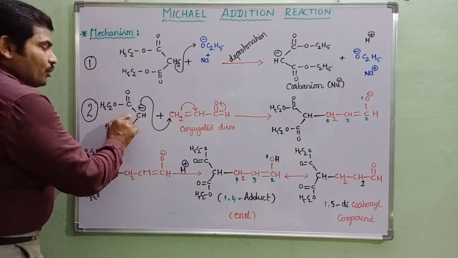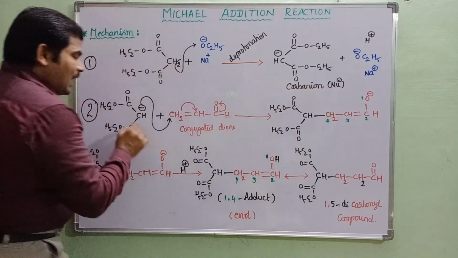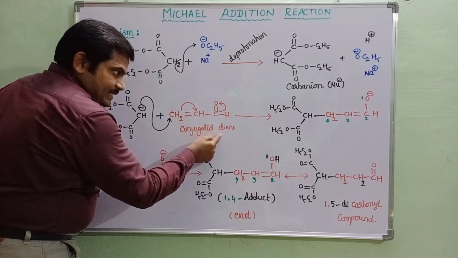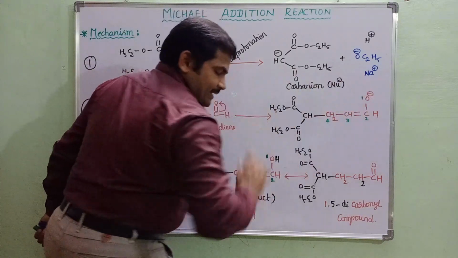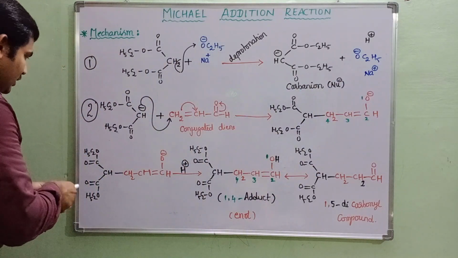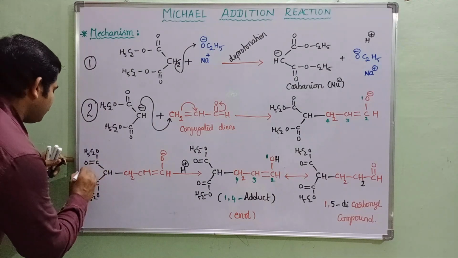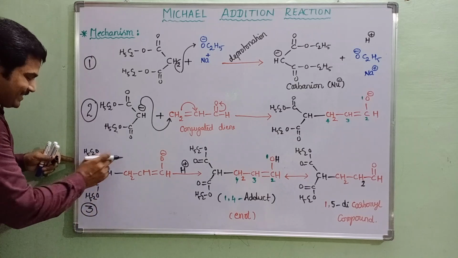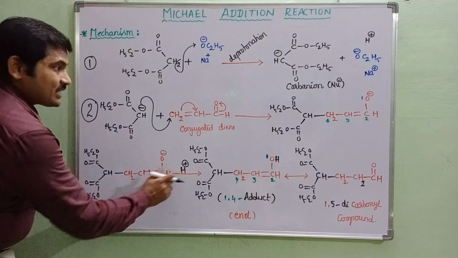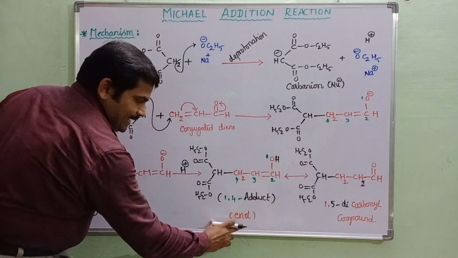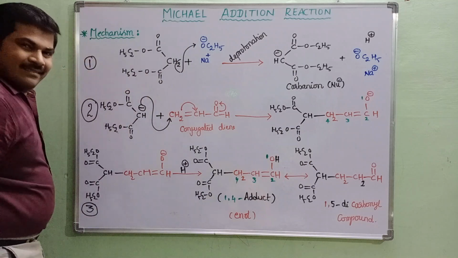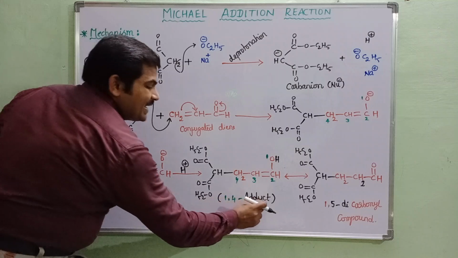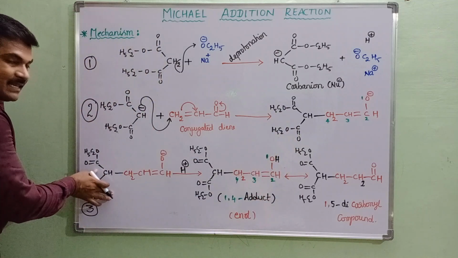In this step, the nucleophilic carbanion or enolate form of carbanion attacks onto the conjugated diene system to yield alkene oxide. In the third step, sorry, I don't have any place to write over here. So, in the third step, protonation of alkene oxide to yield the 1,4-adduct or enol form of the 1,4 addition product. That is the third step.